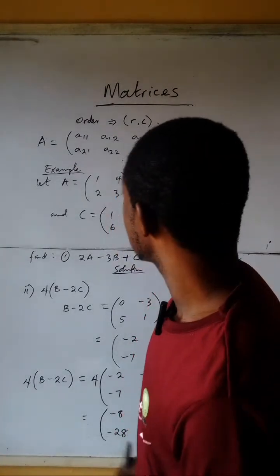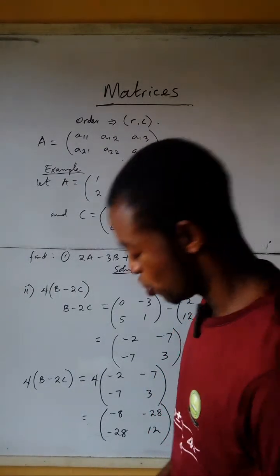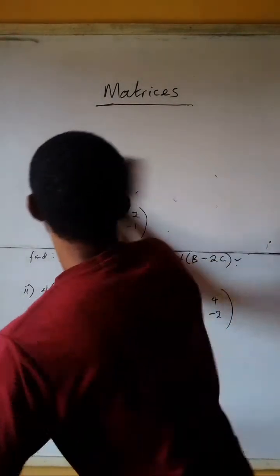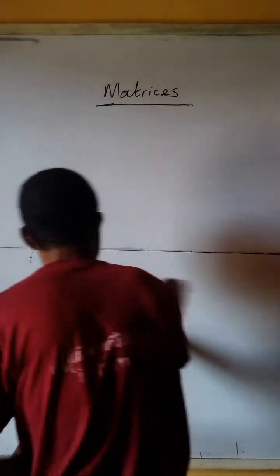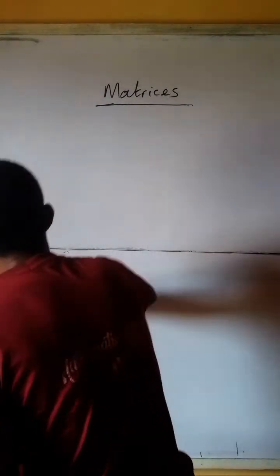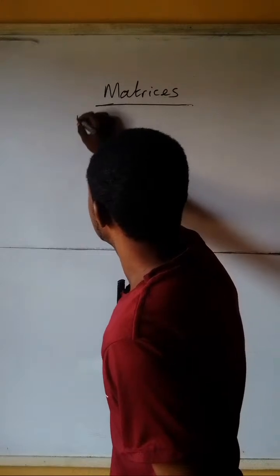Now, let's look at multiplication of matrices now. That is, when we multiply matrices, there are some things that we should take note. Before we multiply two matrices, we should first establish some facts. Then, that will tell us whether we can continue in multiplying those two matrices.